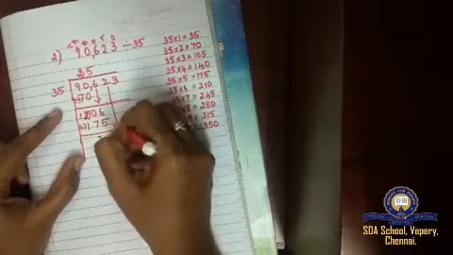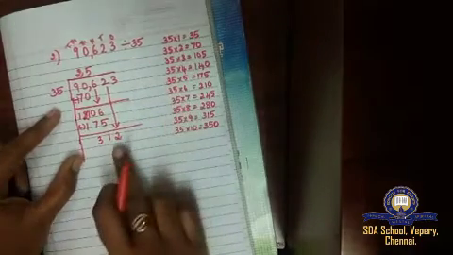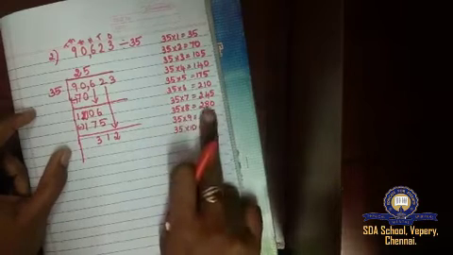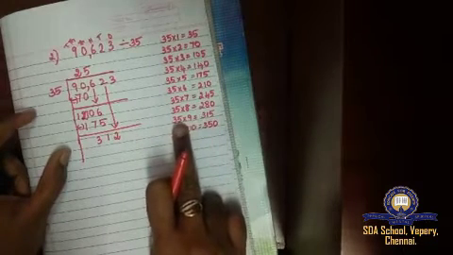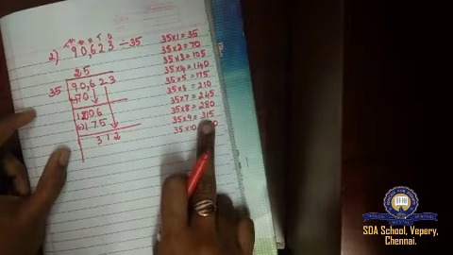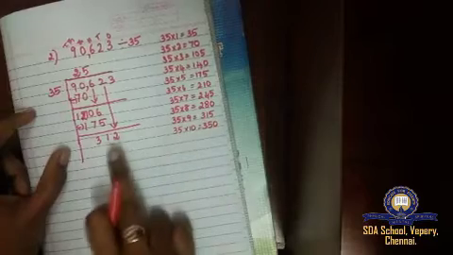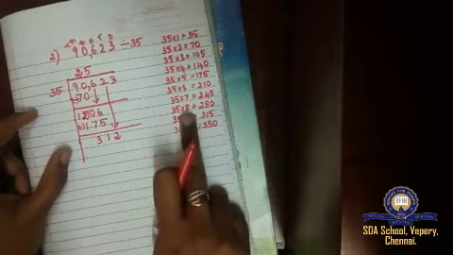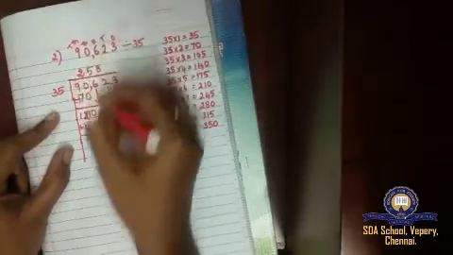So we will stop at 35 fives are 175. Now we will subtract. 6 minus 5 is 1. From 0 we cannot, so borrow. 10 minus 7 is 3. So 1 minus 1 is 0.